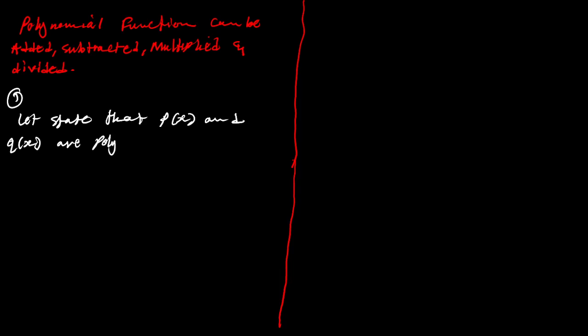So if we state that p of x and q of x are polynomial functions, we can simply add them, subtract them, or divide them. So I'll start with the first one, which is the addition and the subtraction.